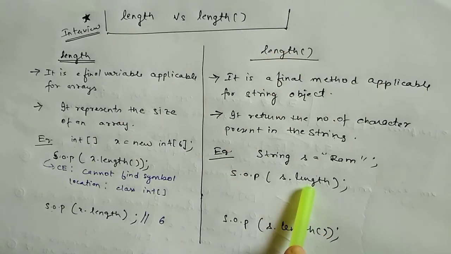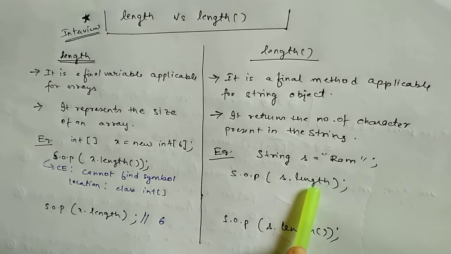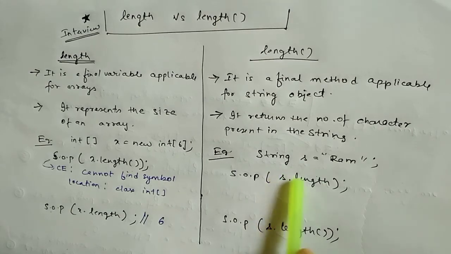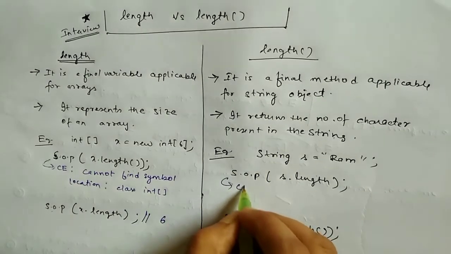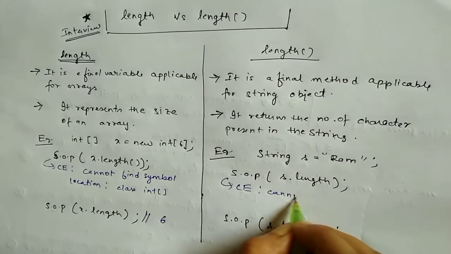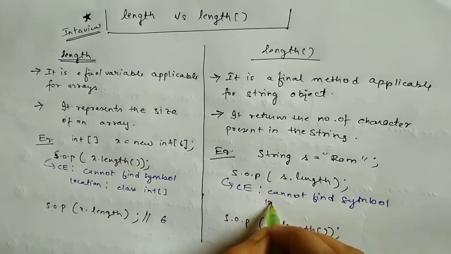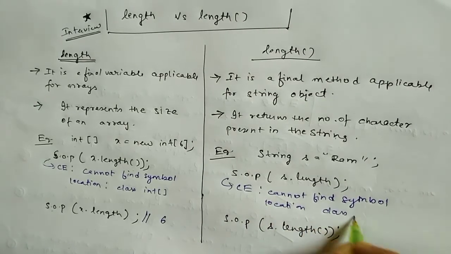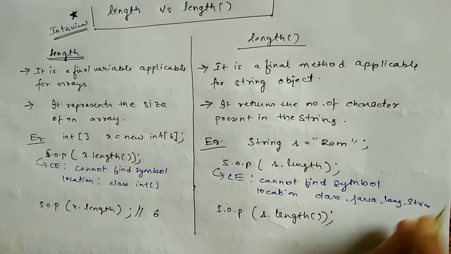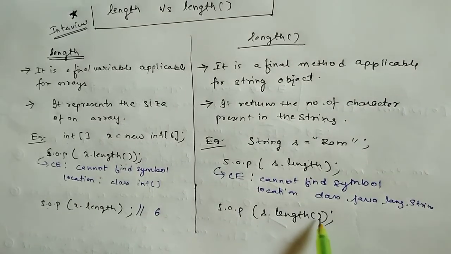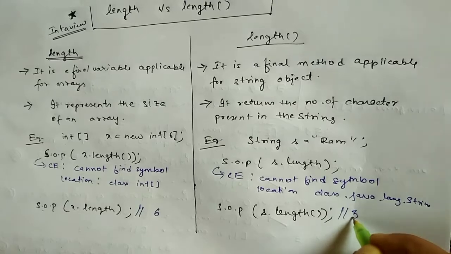The first is s.length as a variable, and the second is the s.length() method. s.length would return the size of the array, but here we don't have an array, it is a string, so it will give a compile time error saying cannot find symbol, location class java.lang.String. And s.length() returns the size of the string. What is the size of the string? That is 3.